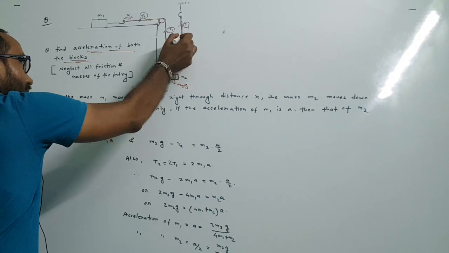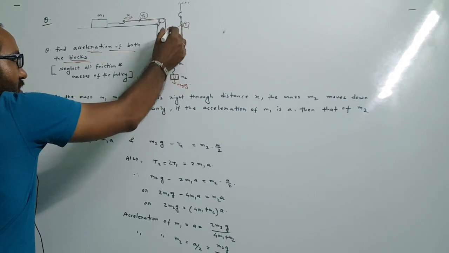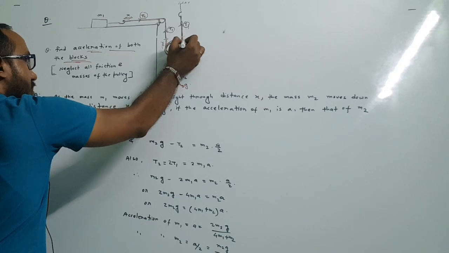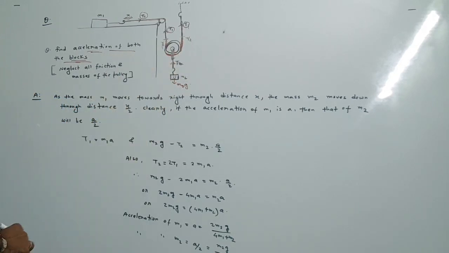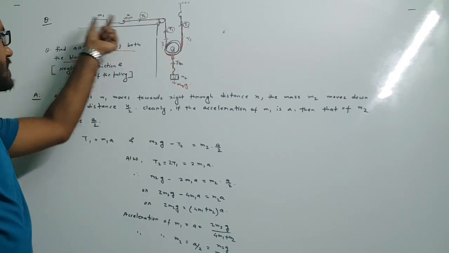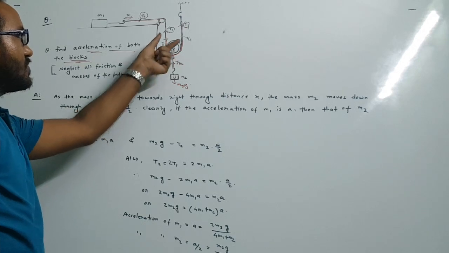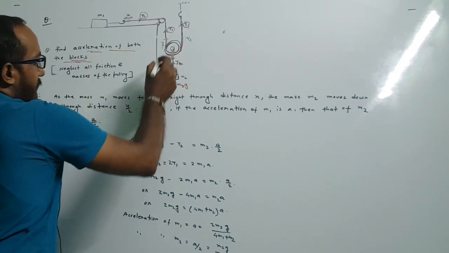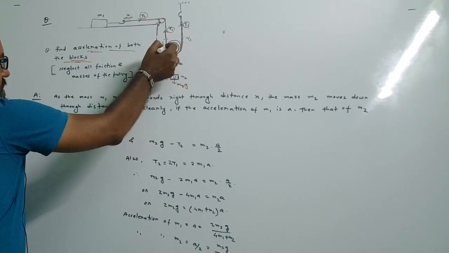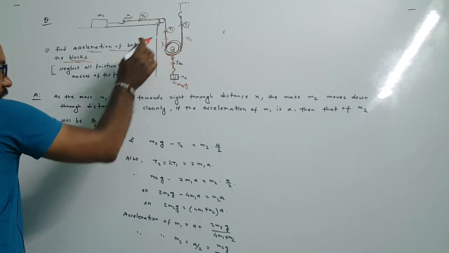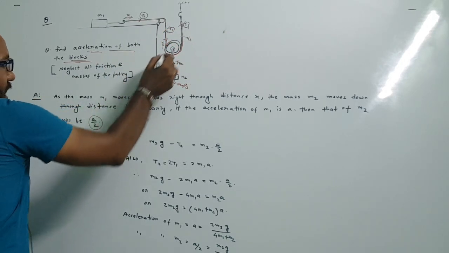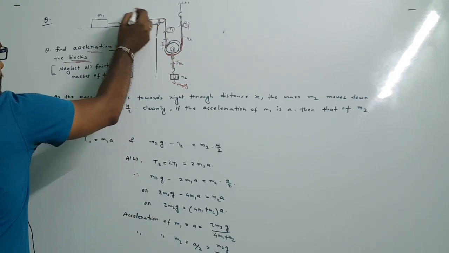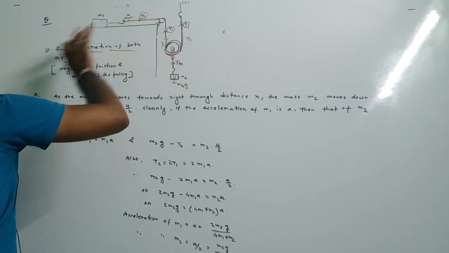So this string moves x by 2 and this string moves x by 2. Always remember, if this string moves x, this string moves x by 2 and x by 2, total should be x. And as the displacement is half, remember acceleration will also be half here.